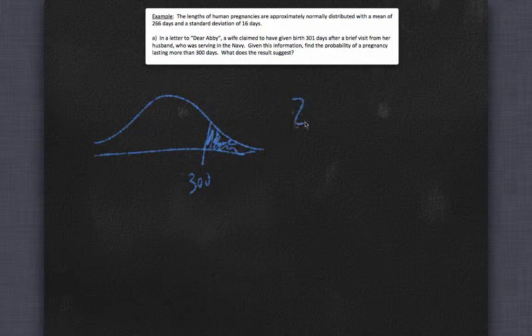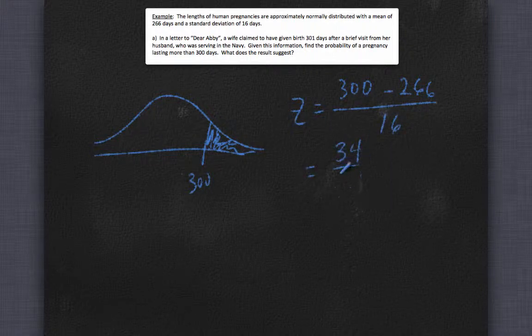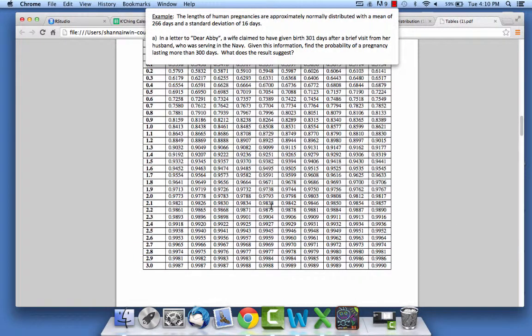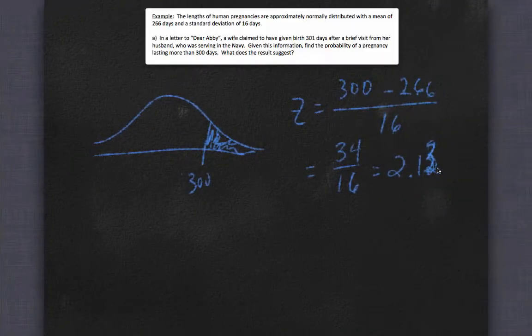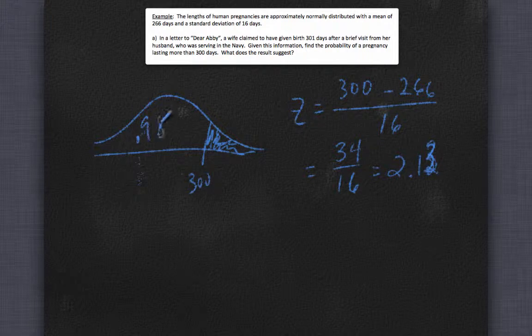Okay, so z equals 300 minus 266 over 16. Have to round, so 2.13. 0.9834.